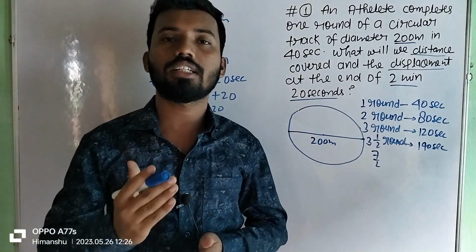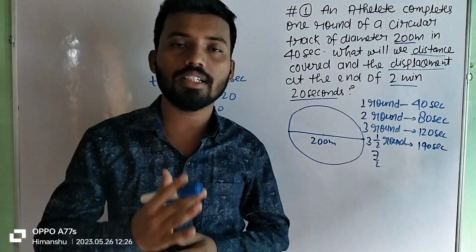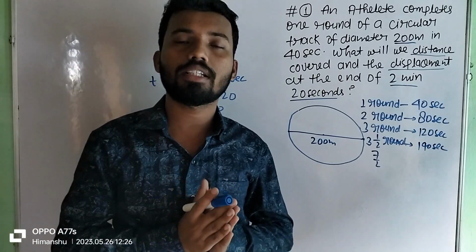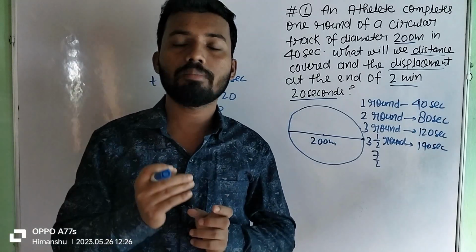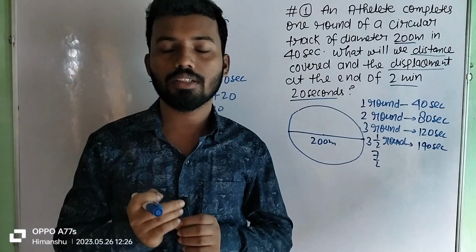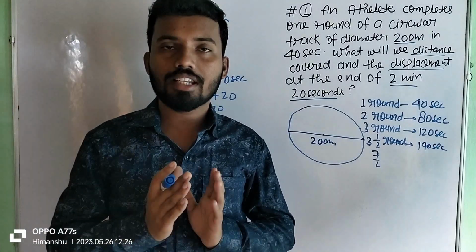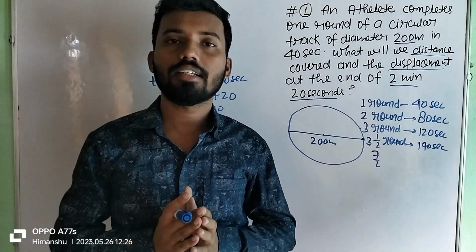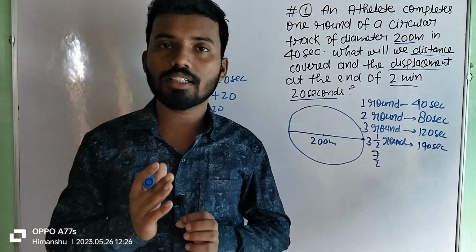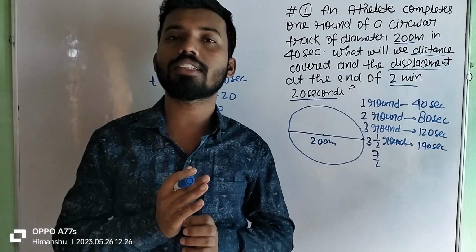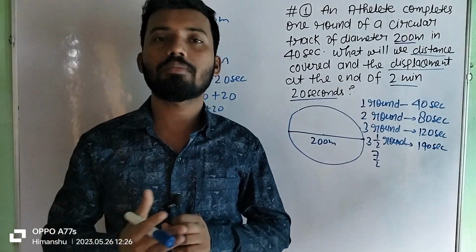The first thing we have to understand here is the meaning of distance and displacement, and the basic difference between them. The actual path length of a track is considered as distance, and the shortest distance between the initial and final point is considered as displacement.